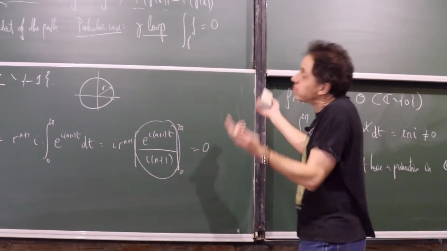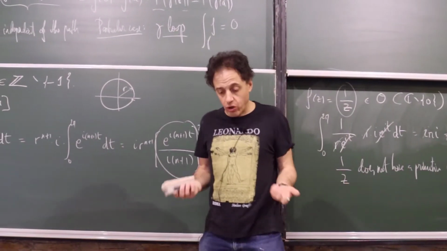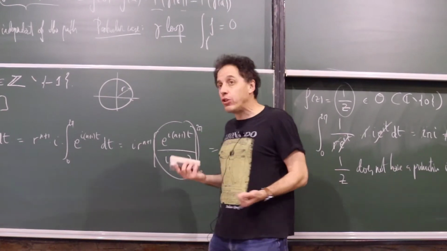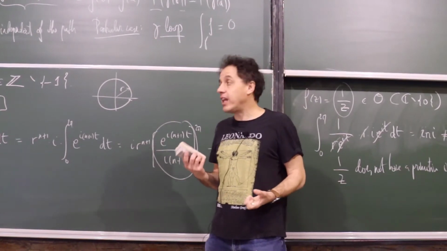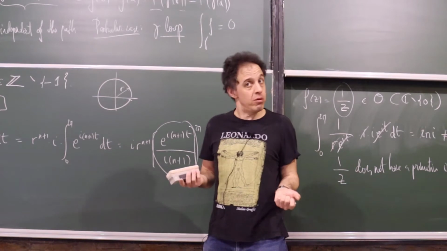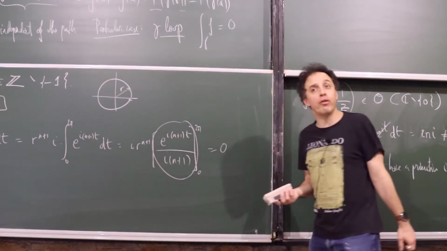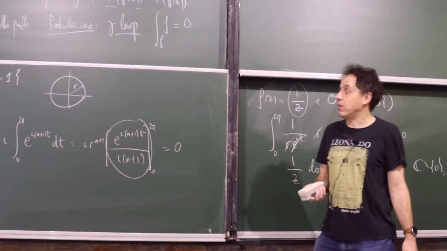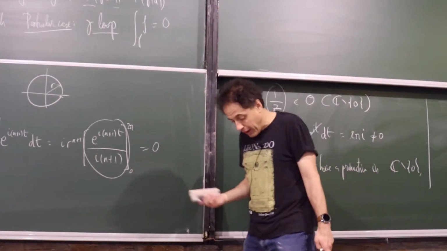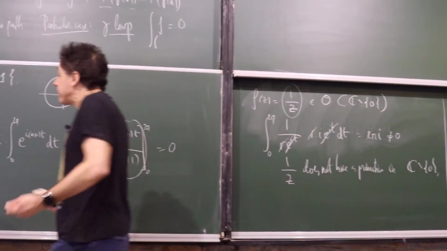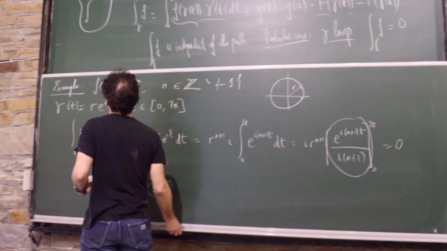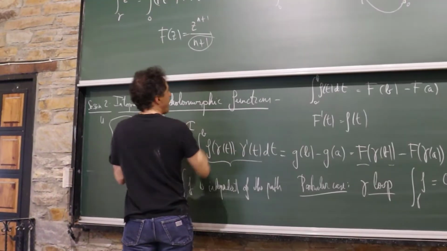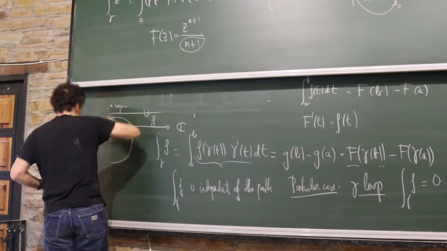So we know that a first condition in order to have a primitive must be that the integral along any closed path must be 0. If this condition is not fulfilled, we cannot expect to have a primitive. But is it enough? Or perhaps it's not enough. How do we find a primitive of a function?